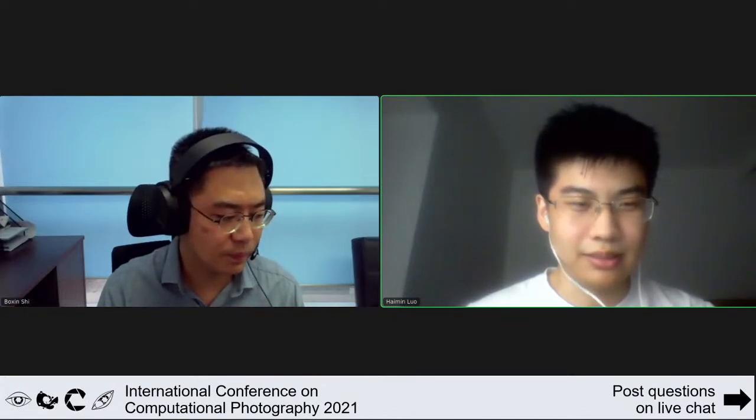Yes, actually, it provides a white screen, and it can help us make a foreground mask. It helps us to focus on the hair object itself, and actually we can take it with the green screen.